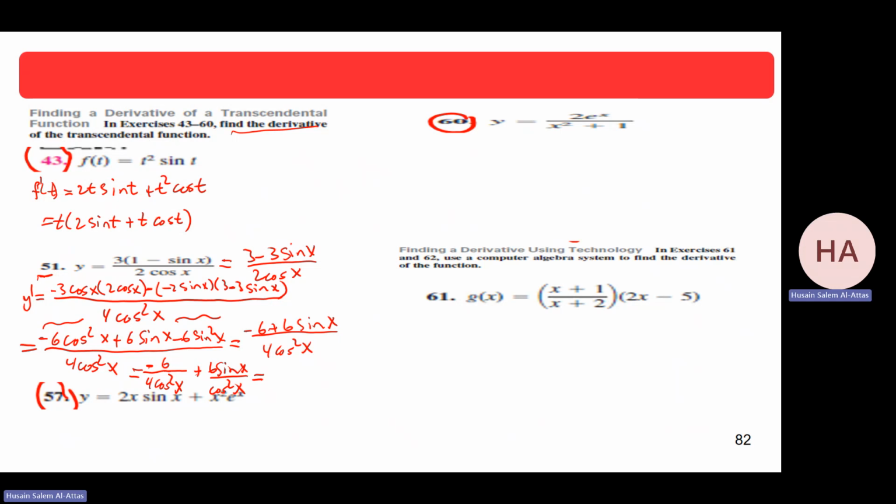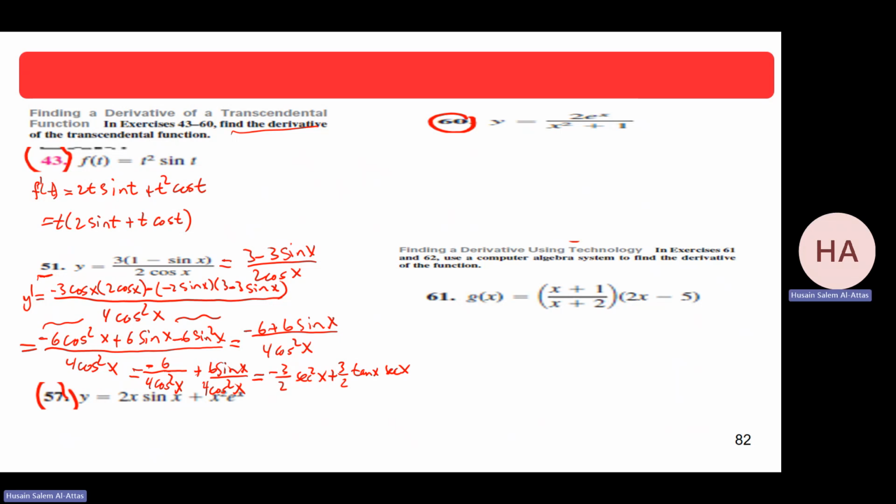Let me write it as secant and tan. It will be minus 3 over 2 secant square plus, don't forget we have 4 here, plus 3 over 2 sine over cosine, which is tan times secant.